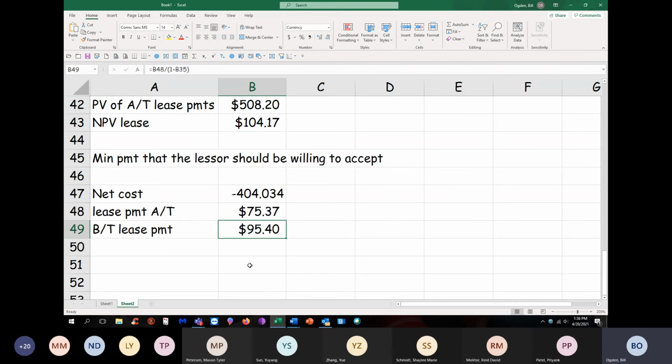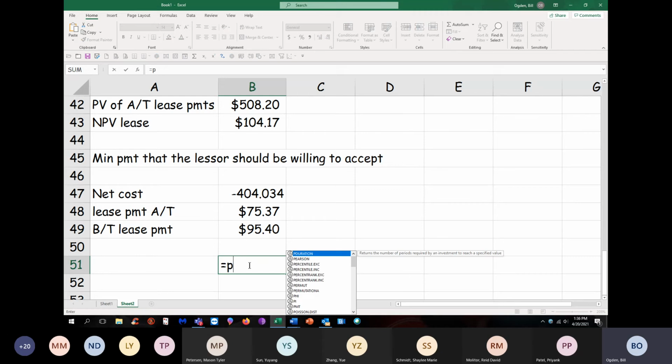Well, what we could have done if you wanted to, can I do this in one step? Yes, I can. I can say equals payment. I know the rate, and I'll just type it in now, our rate is 4.74%. Number of periods is 6. On an exam I'm kind of in a hurry. The present value: somewhere along the line I have to flip this to before tax, right?